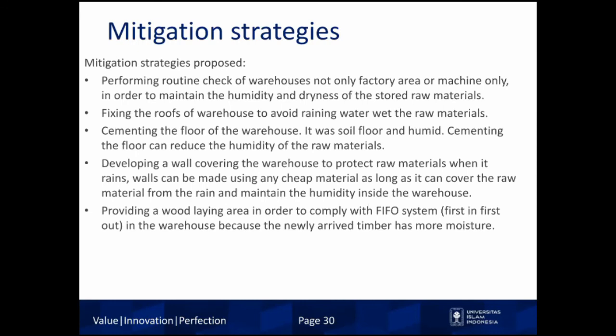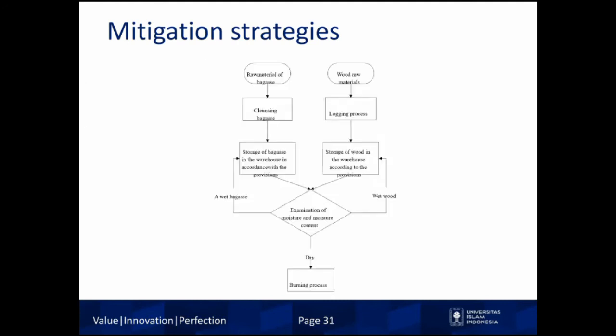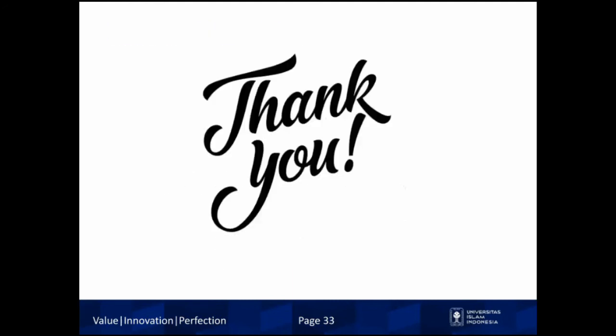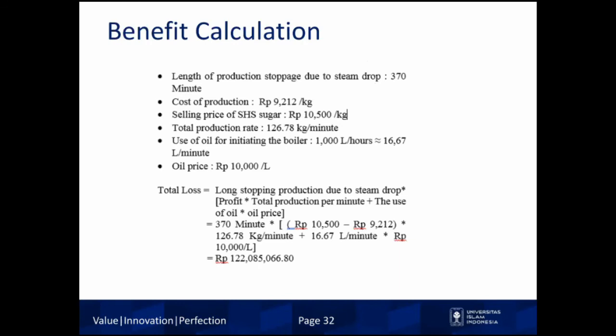So if you can see here, we provide some mitigation strategies as well as this SOP is one of the mitigation strategy. Yeah. And what we're going to do next is we calculate the cost and benefit of the mitigation strategy. This is the detail of the cost benefit calculation. Okay.